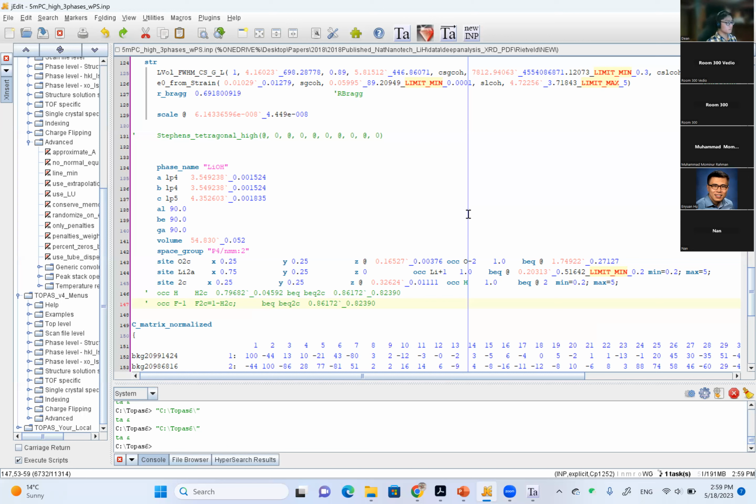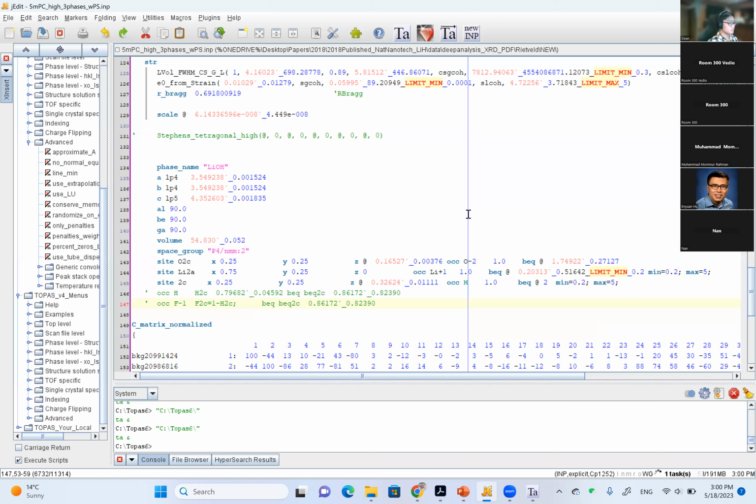Hope I'm not getting confused, but the take-home message is that Le Bail refinement is structureless. It only takes in lattice parameters, and of course the space group. It doesn't require your structure information, what kind of atoms you have, where they are. It's not needed. So dummy phase is basically a Le Bail or Pauli refinement. And why do we use that? Sometimes the background is so complicated that we just throw in a Le Bail component.